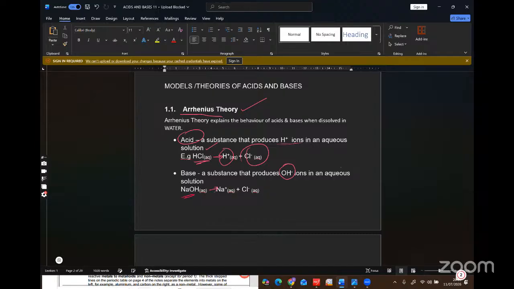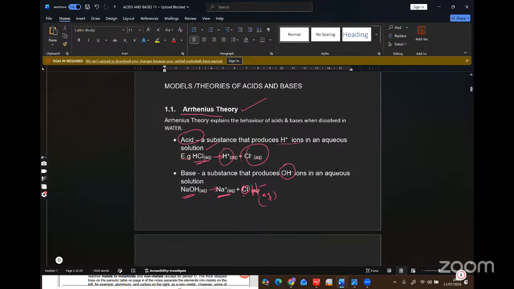So this is a base. When you put it in aqueous solution, in water, it separates to give you this one. Oh, sorry, this is supposed to be OH-. That's a small typographical mistake. So you are going to have this. So this is a base.